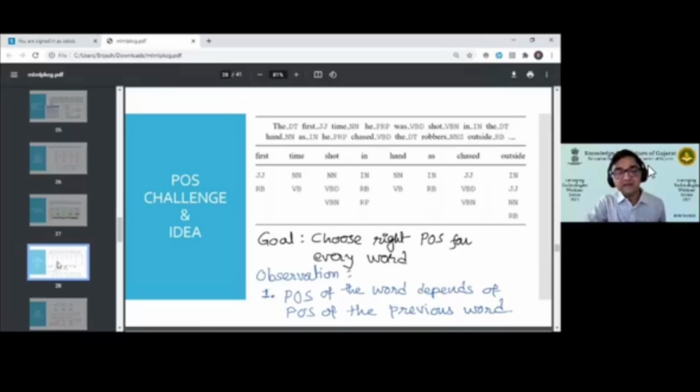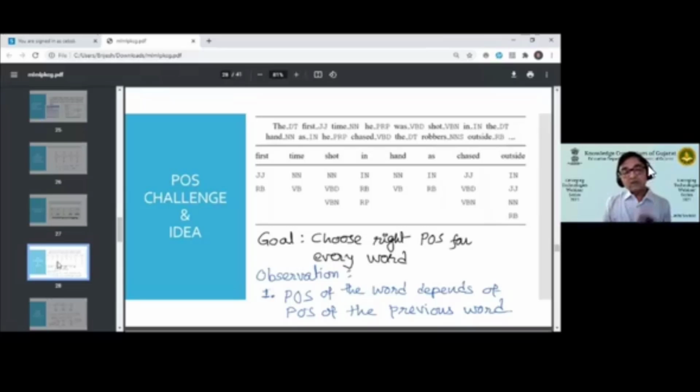So let us see with this example. The above table was taken from the internet. Like, "The first time he was shot in the hand as he chased the robbers outside." If this is the sentence, then the corresponding correct part of speech marking is: the is a determiner, first is JJ, which means adjective, time is a noun, he is a pronoun, was is a verb, shot is again a verb, in and so on.